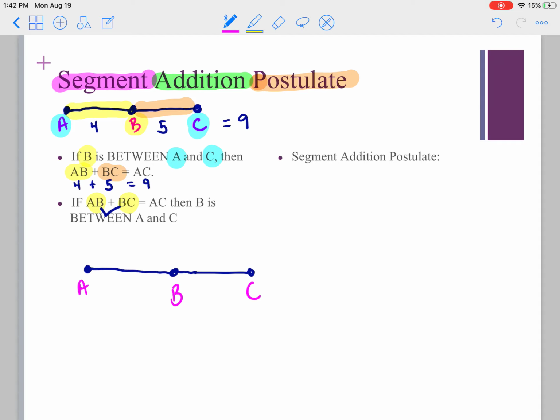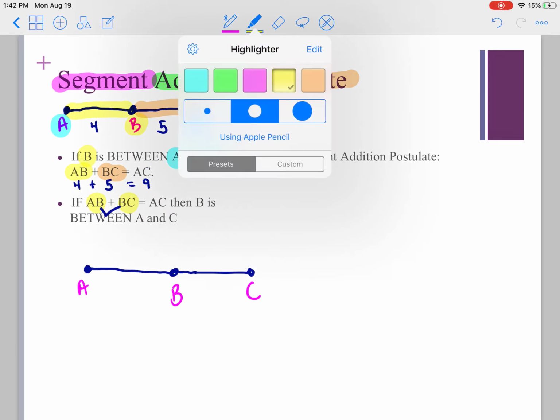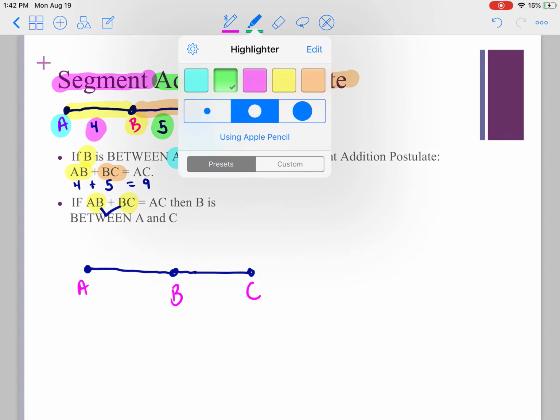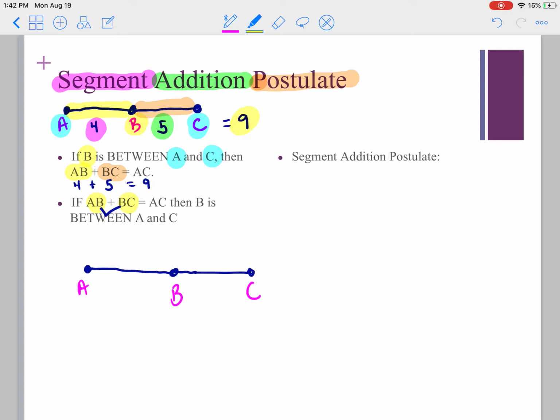If you really step back and think about it from a larger picture perspective, it really does make sense that if I take a smaller portion, 4, for example, and add it to another portion, 5, that is in a segment, they would combine to equal the larger segment as a whole, which would be the 9. That just seems to make sense, and that's why a postulate can be accepted without proof. It just makes sense.